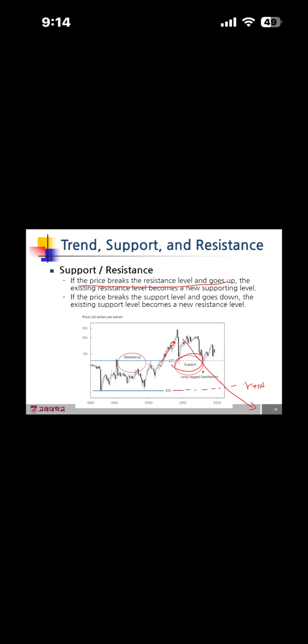One reason is investor psychology. Traders who previously sold their stock at the resistance level may now believe that the stock has stronger momentum.